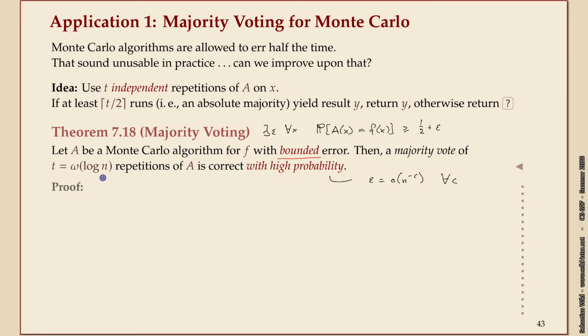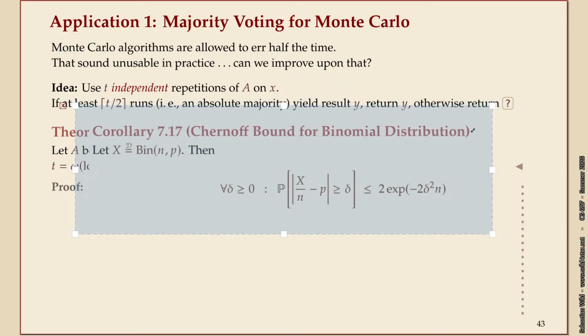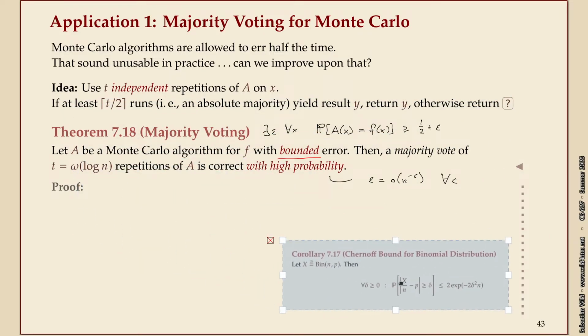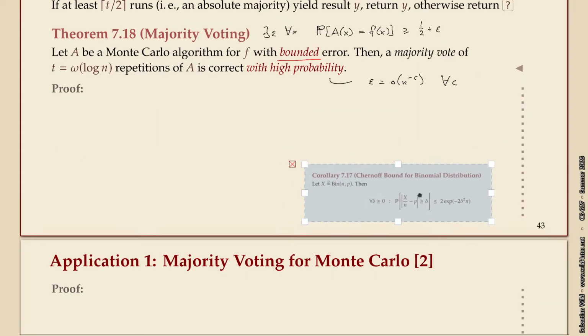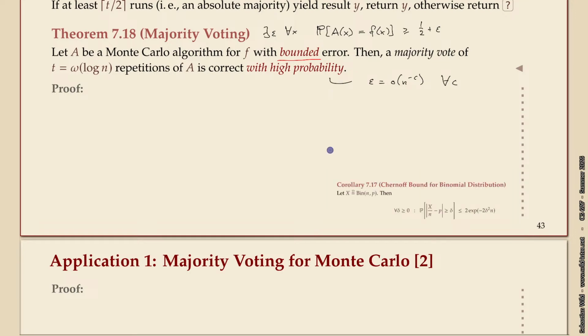So let's see how to prove that. The goal will eventually be to use the Chernoff bound. So let's keep that handy. Might have to make this a little smaller in the end. We'll see. So the goal is to do something where you can apply the binomial Chernoff bound. So we need to somehow generate a binomial distribution.